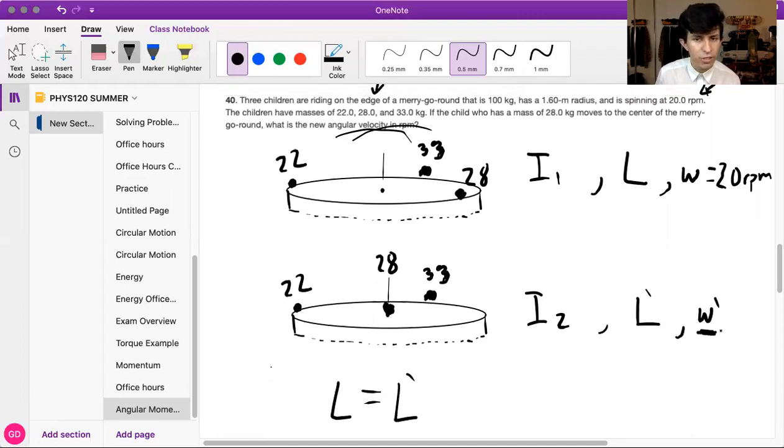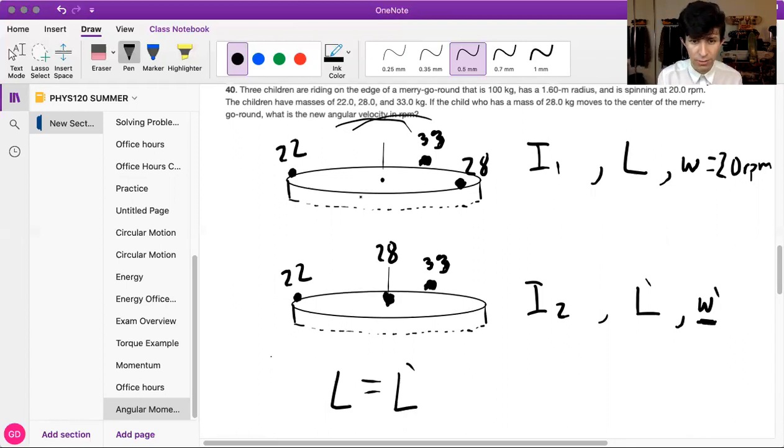The way we want to treat this problem, first we're going to look at the first case, the non-primed angular momentum merry-go-round. And we want to get the angular velocity, or sorry, I'm mixing up all the terms now. You want to get your angular momentum for each individual object on its own and add them all together.